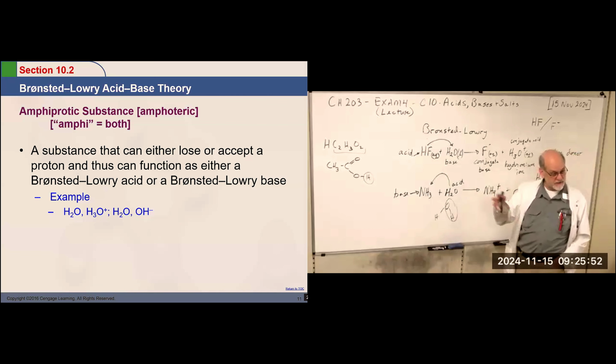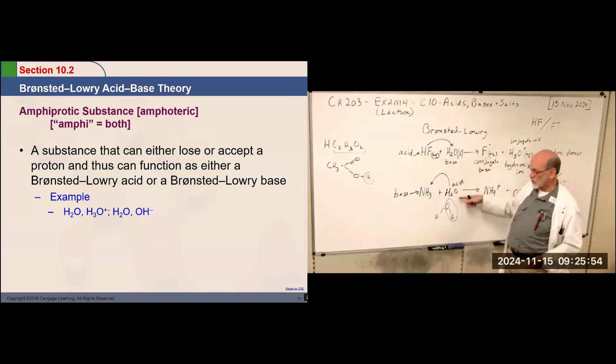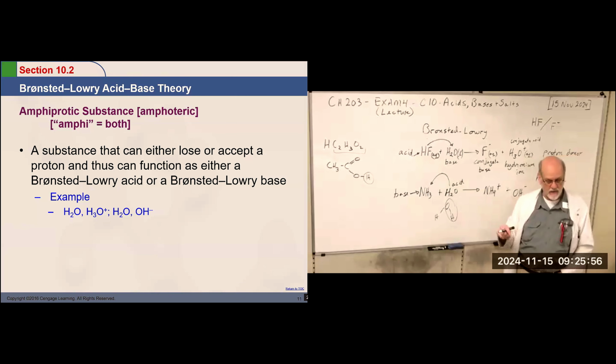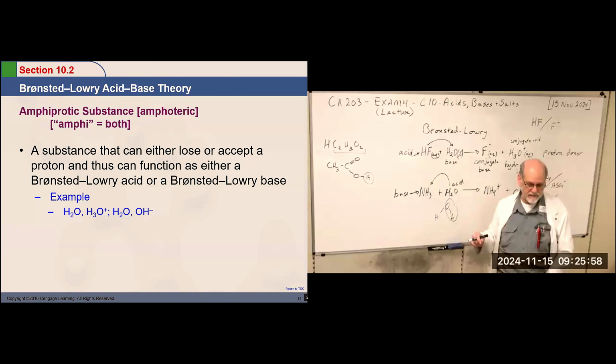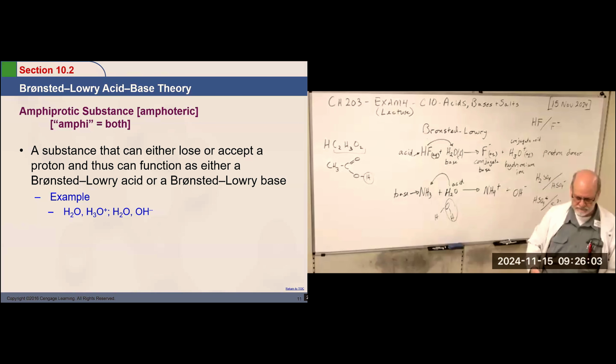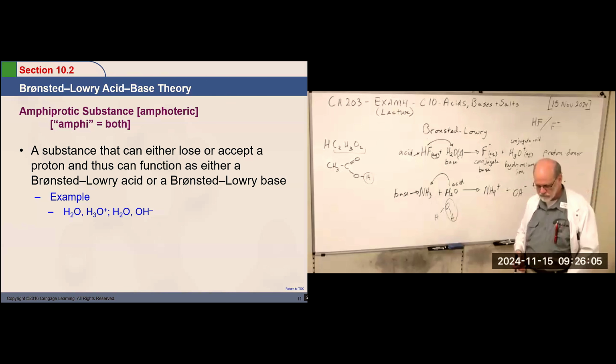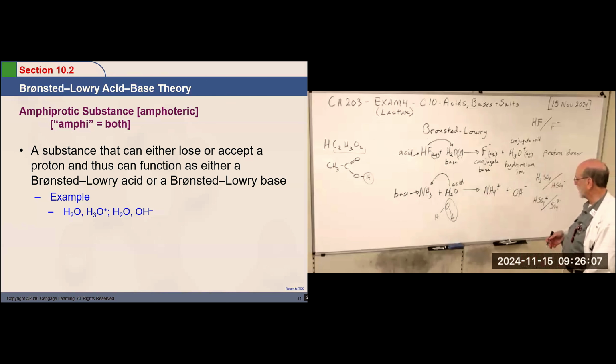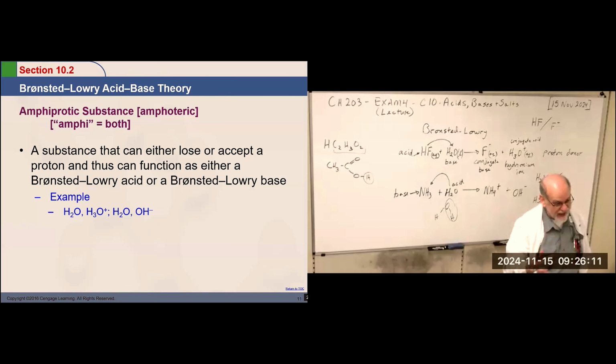Water can be, depending on its environment, either a base or an acid. We call that amphiprotic or amphoteric, either one. Amphi is the Greek prefix that means both. So depending on how it reacts, it can either be an acid or a base.